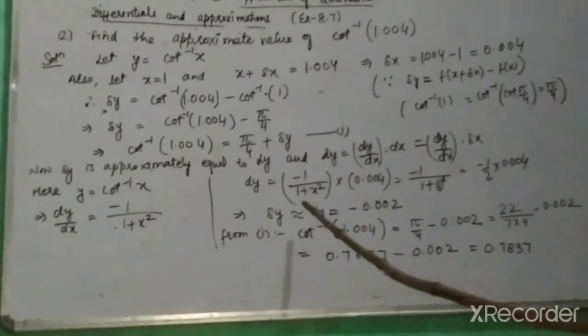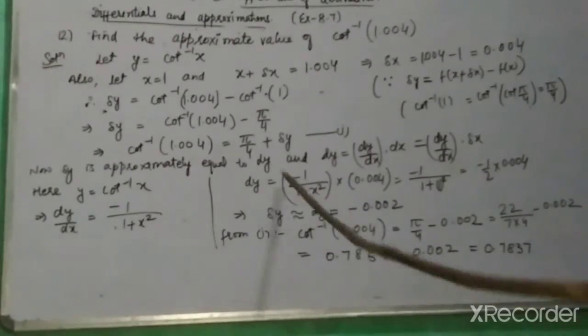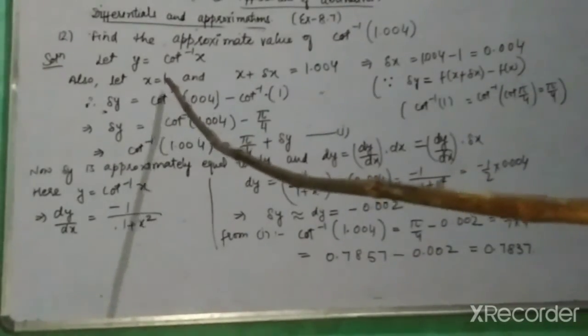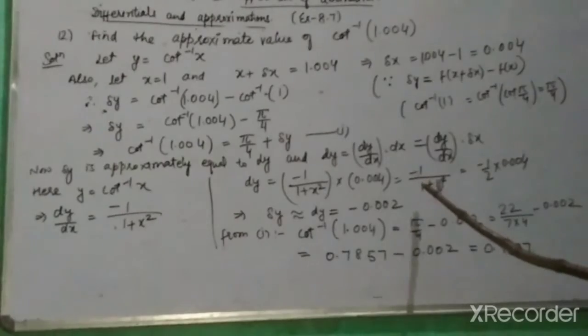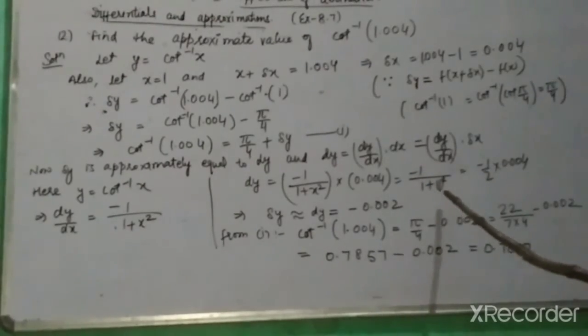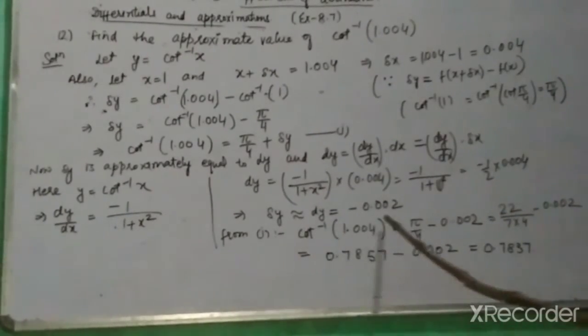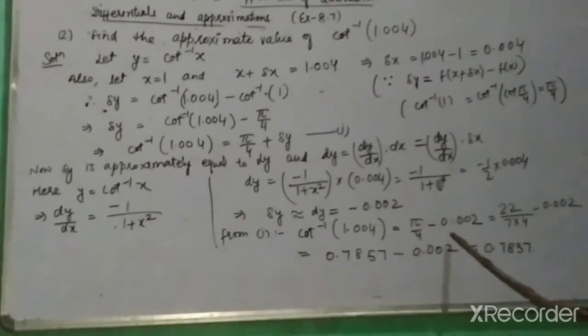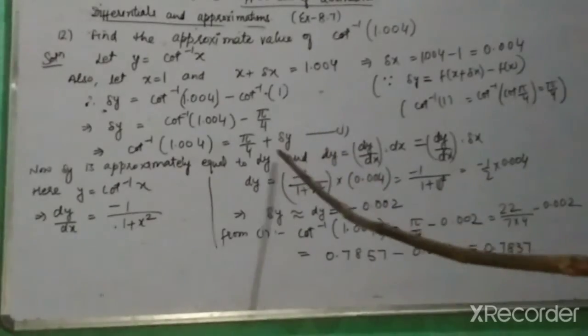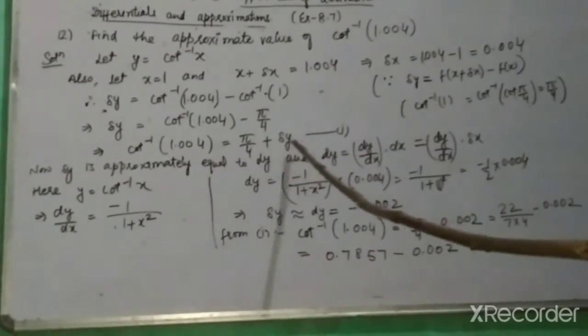0.004. We'll put here the values, and the value of x we have taken equal to 1. So we'll put all the values. We get minus 1 upon 1 plus 1 square into 0.004. In this way we get minus 1 by 2 into 0.004, which is minus 0.002. That means del y is approximately equal to minus 0.002. Now from 1, here we will put the value of del y.